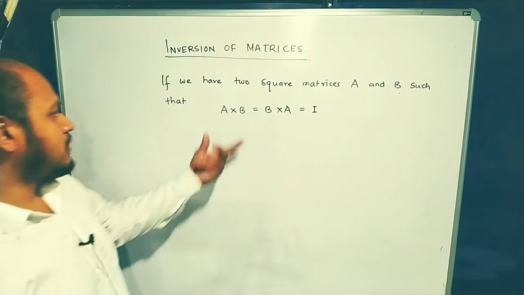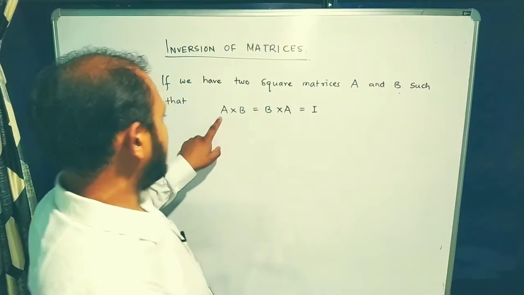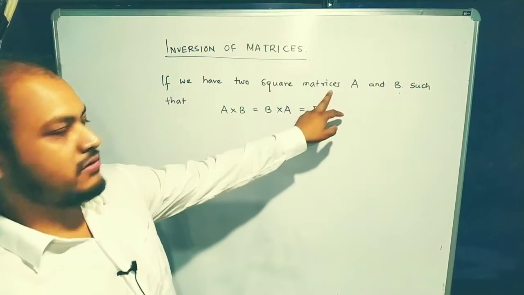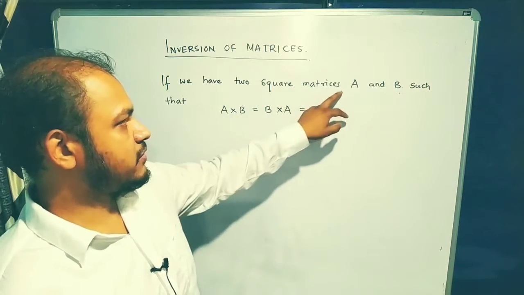Now look at this condition here. If there are two matrices, both of them must be square matrices.